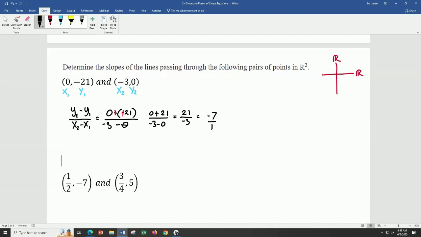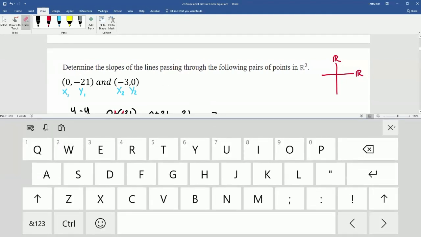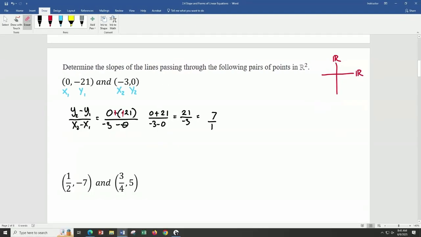In your homework, I actually do it the other way around. I show you, hey, flip them around. Make the second point your first point, and it still works out. You still get the negative 7 when it is all said and done.